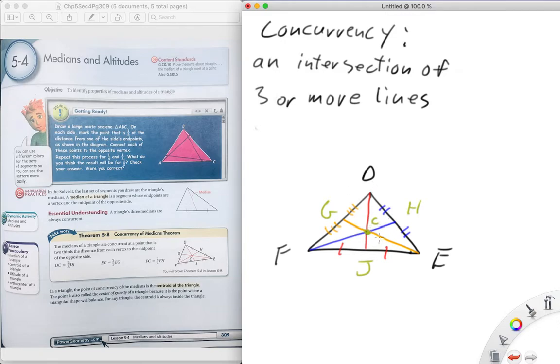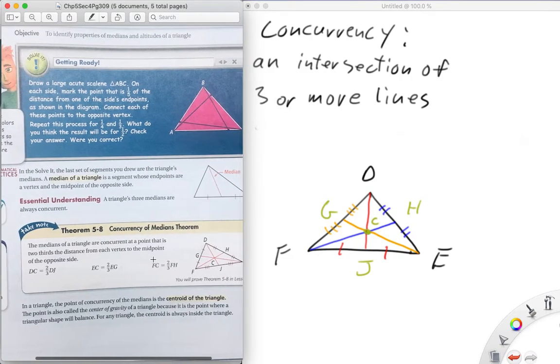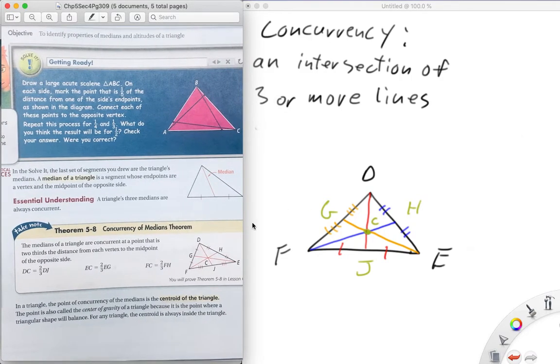The concurrency of the medians of triangles theorem. And it says this: the medians of a triangle are concurrent at a point that's 2/3 the distance from each vertex to the midpoint of the opposite side.